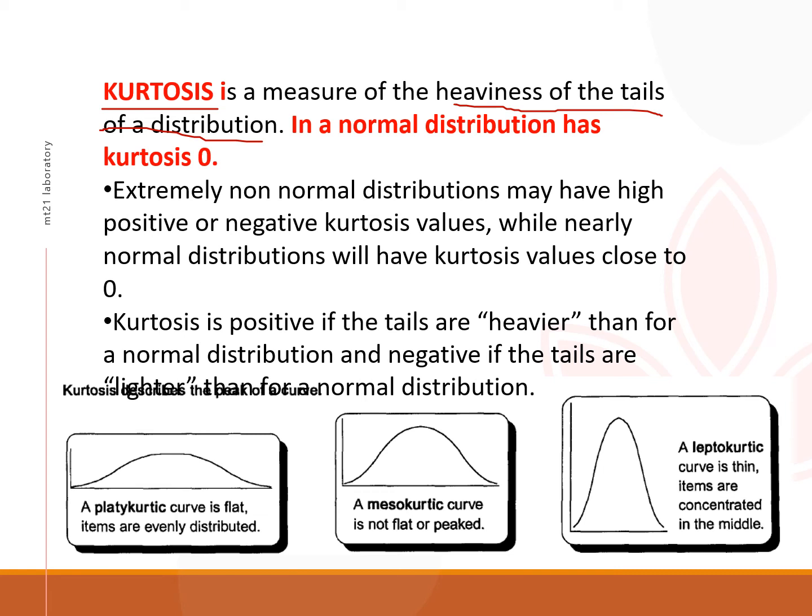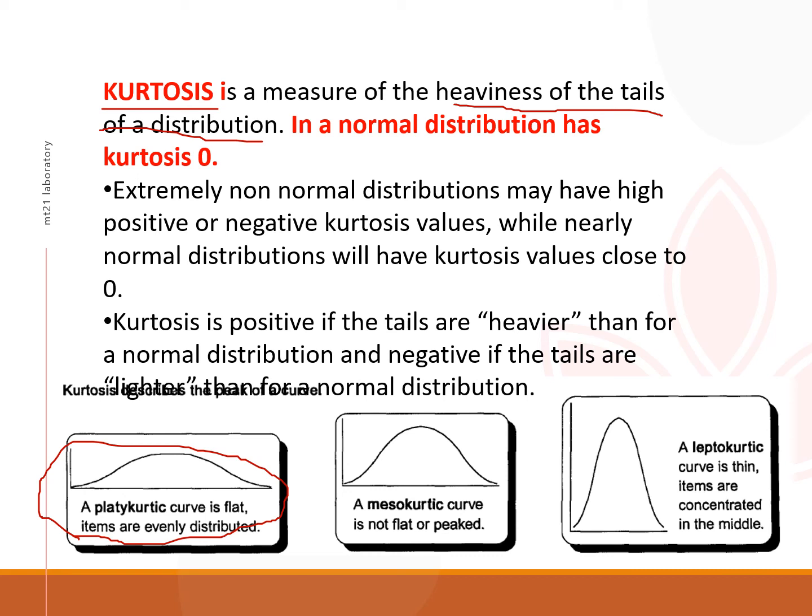So usually it appears to be platykurtic. Whenever your kurtosis value is equal to 0, you can describe your curve as platykurtic, or flat. Okay, so items are evenly distributed.